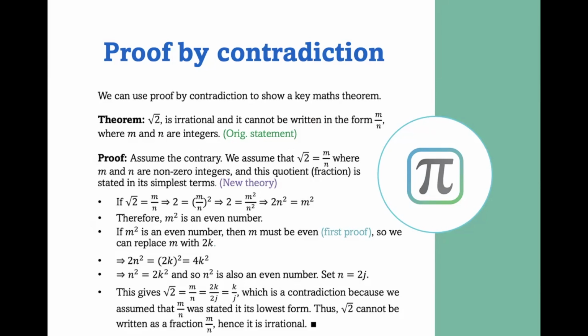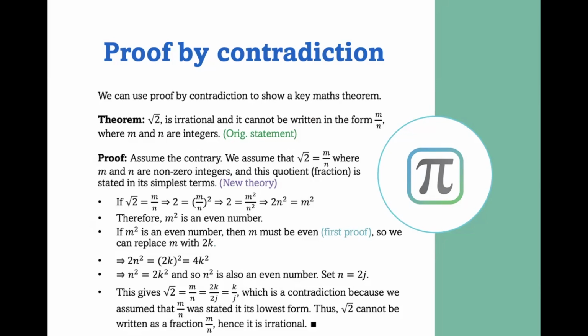This then gives that the square root of 2 can be written as the fraction m over n, which can also be written as the fraction 2k over 2j, which we can then simplify. But this is a contradiction because we assumed at the beginning that m over n was stated in its lowest form.